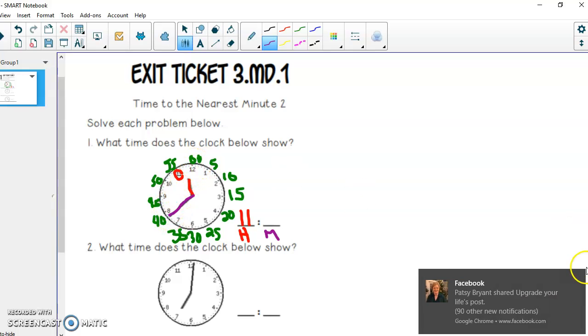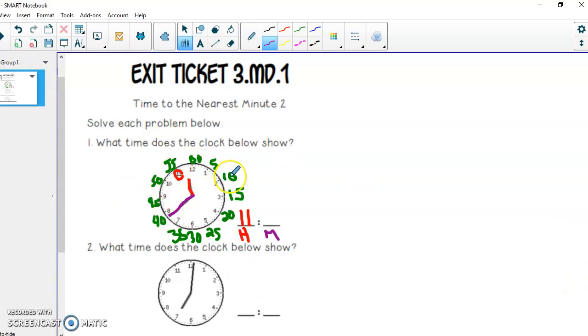So we have 5, 10, 15, 20, 25, 30, 35, and 40. So we noticed that the purple line is in between the 35 and the 40. And we're not going to do it like we did with the hour number up here. We're actually going to count specifically the number that it is.